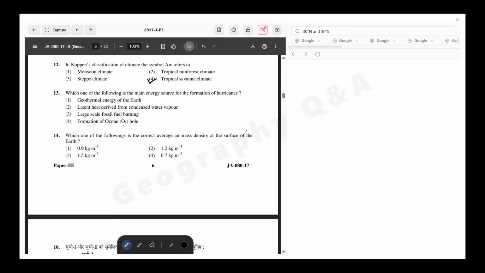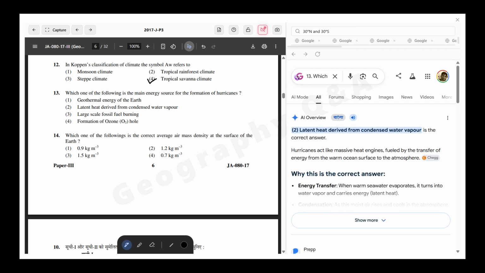Now the next question is: which of the following is the main energy source for the formation of hurricanes? Geothermal energy of the earth, latent heat derived from condensed water vapor, large scale fossil fuel burning, or the formation of the ozone hole. Latent heat derived from condensed water vapor is the correct answer.